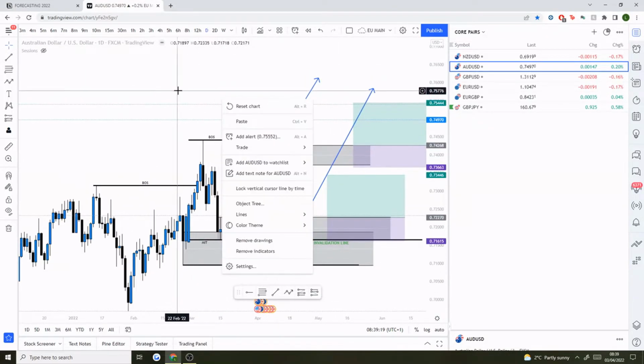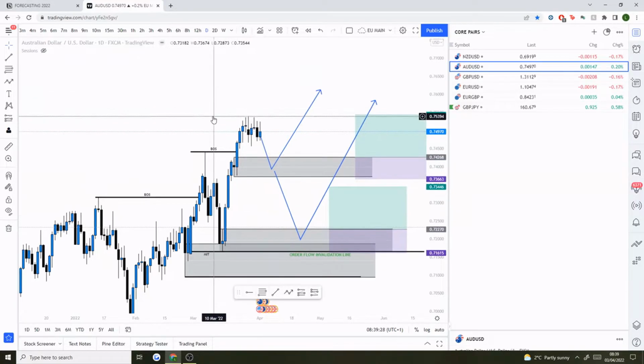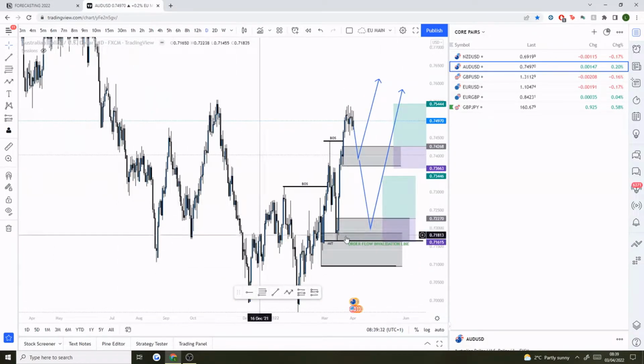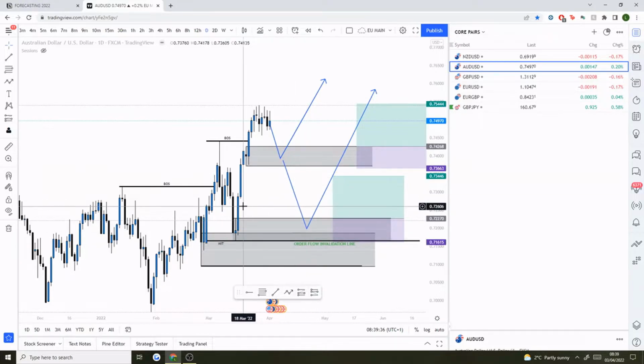Now, what we've also got is this little candle here, which is the last sell volume before the break of structure. I am aware that we've got all this volume down here, which is now trapped, and it may be quite a significant retracement to come all the way down here.